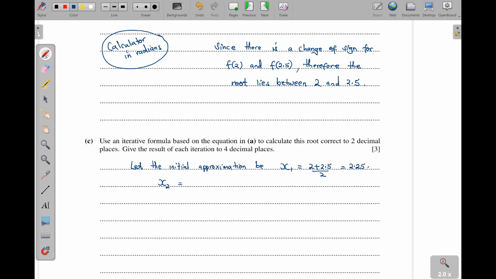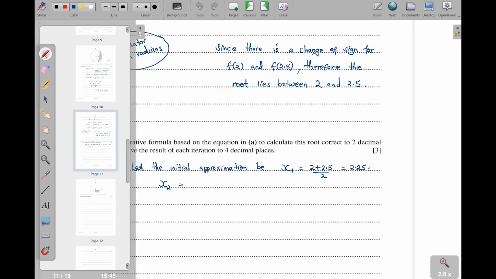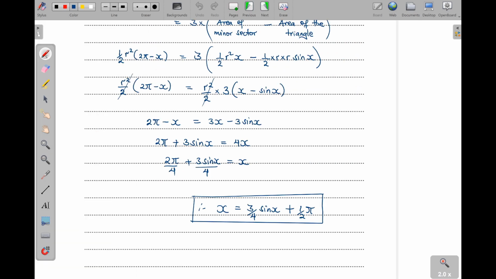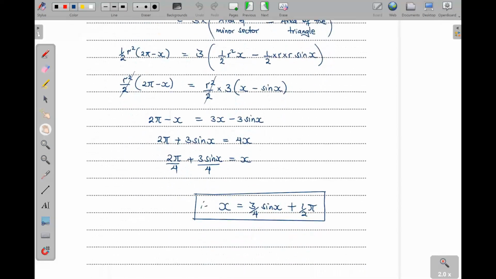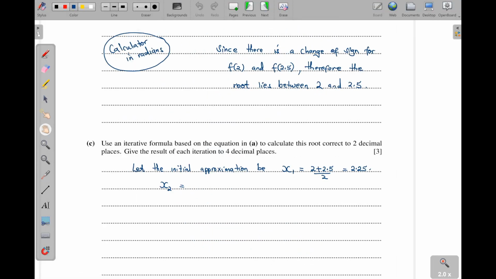So x2 is now going to be, we are substituting into this one here, 3 over 4 sine x plus pi over 2. So we come to this one here and we say this is going to be 3 over 4 sine of x, which is 2.25, then plus pi over 2.